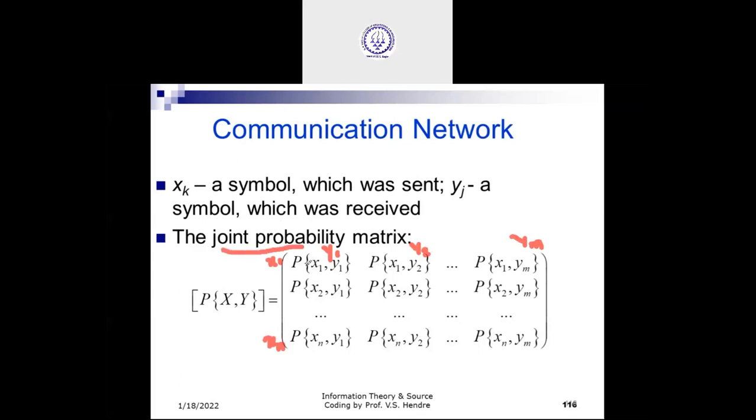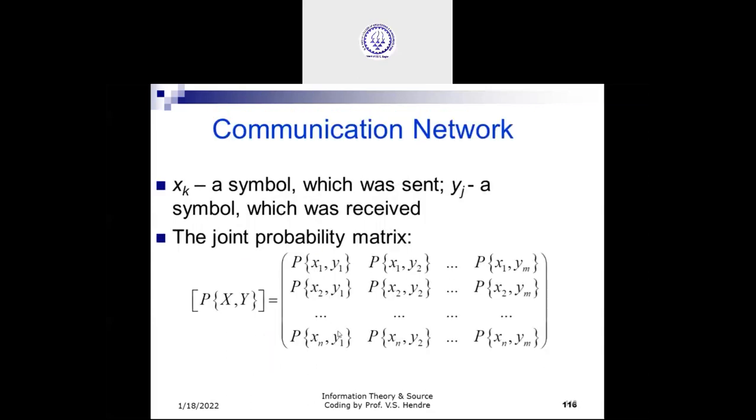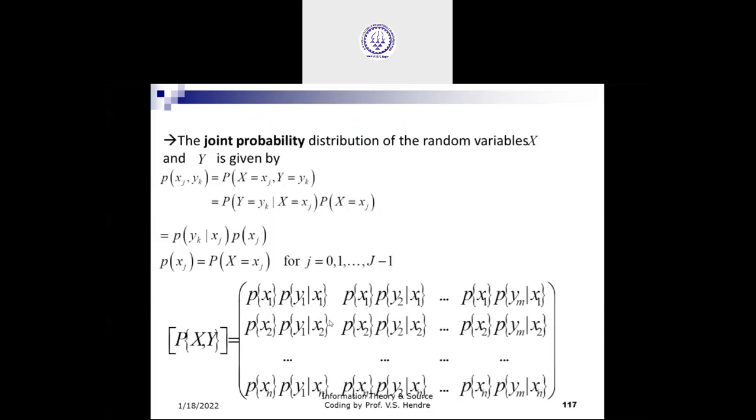So you have the conditional probability matrix and the joint probability matrix, and your channel is defined by this type of channel matrix, either a joint probability matrix or a conditional probability matrix. These are the two ways by which you can define the term channel matrix. Okay.